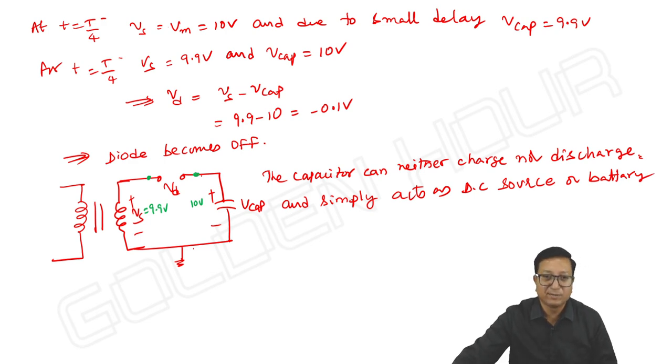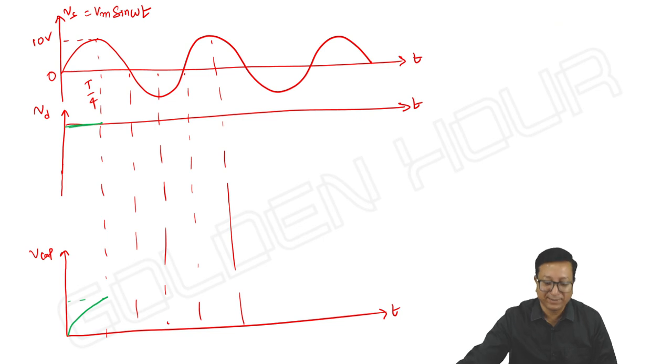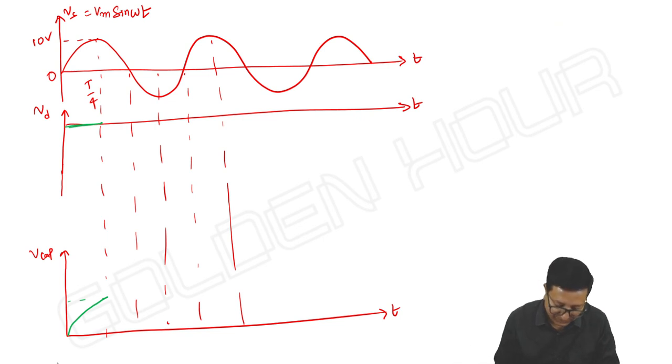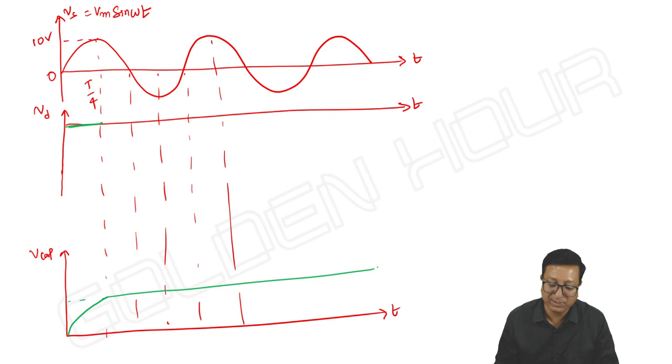So how do we get the waveform? Already we studied this. The capacitor simply behaves like a DC source or battery.